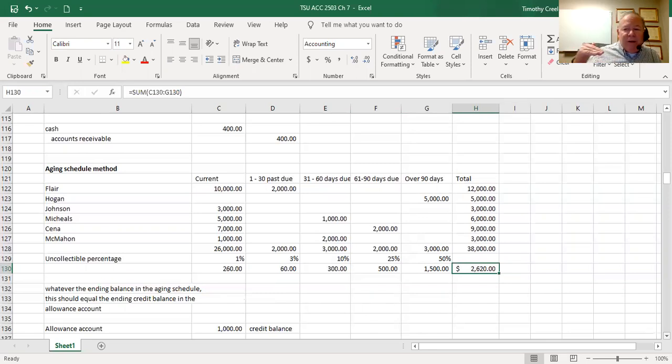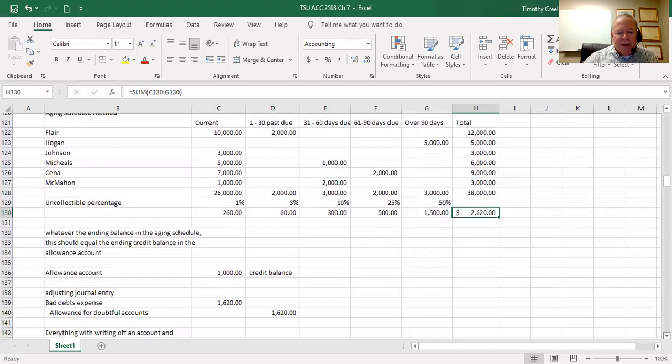The allowance account is going to be similar to the percentage of accounts receivable, in that the amount of your adjusting entry is going to be calculated in a very similar manner. It's whatever it takes to get the current balance to equal, in this case, the balance that the aging schedule has put forth to us as what we feel like is uncollectible based on the aging schedule.